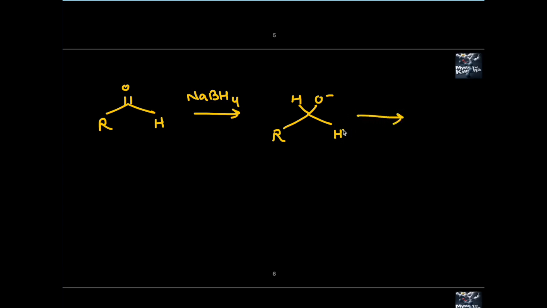Now as NaBH4 is soluble in water and ethanol, this oxygen negative can take hydrogen from water and get protonated, which leads to formation of alcohol.